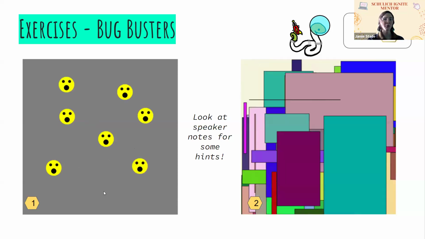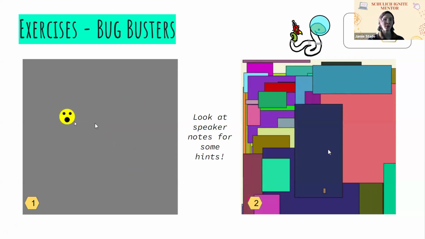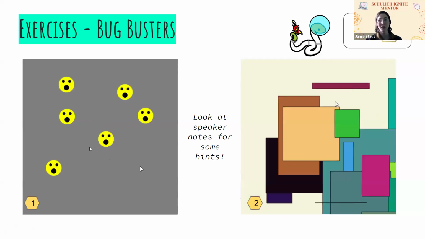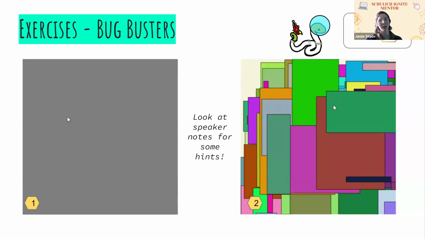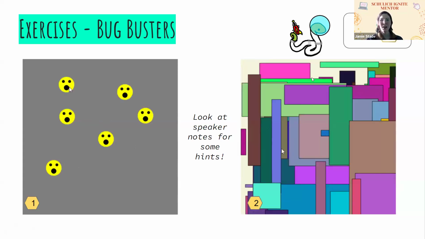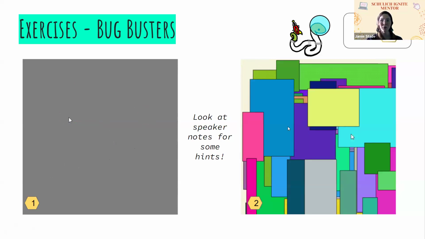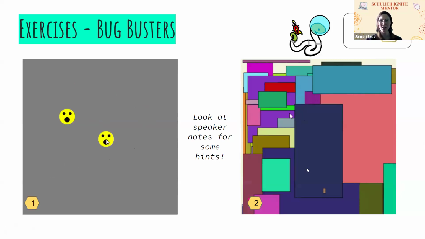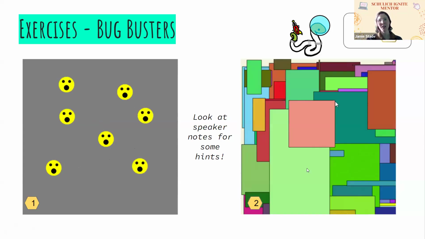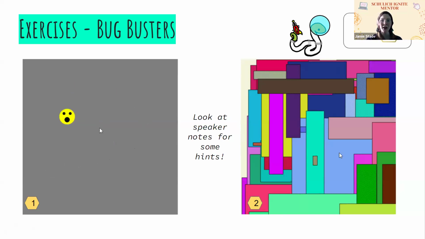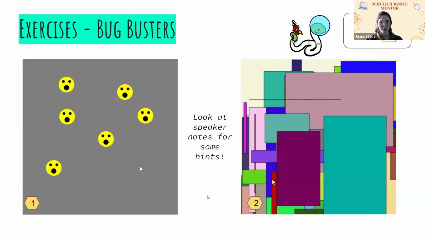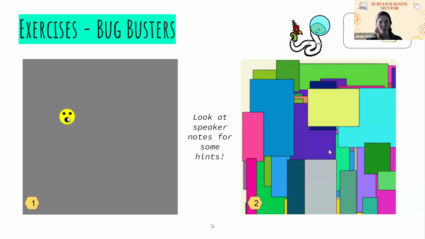You can look at using a function that will draw the different ellipses you need for each face, and that will make this so much easier because you can just call that function anytime you click the mouse, similar to how we've done so far. And this is another one for abstract art. This would also ideally be defined in a function that creates a certain number of random rectangles with random sizes and colors, and those will change each time you press the mouse.